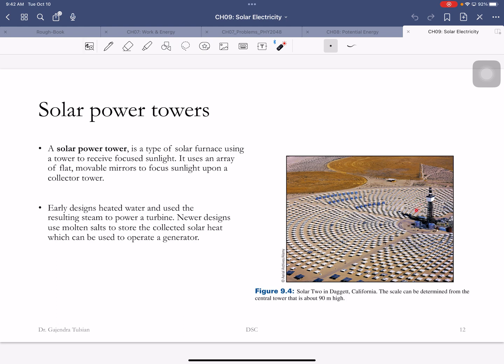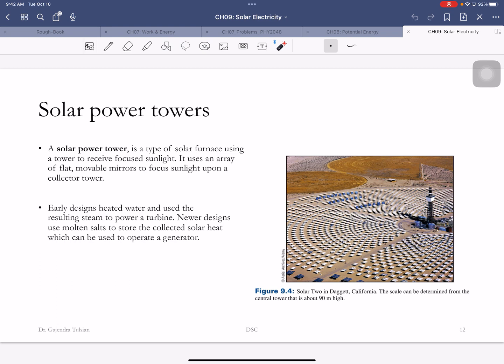This way of harnessing solar energy, we have about 10 Hoover dams worth in the world. Has anybody seen anything like this? Where have you seen it? In Nevada, when driving past. Okay, so there's 10 Hoover dams worth of it.